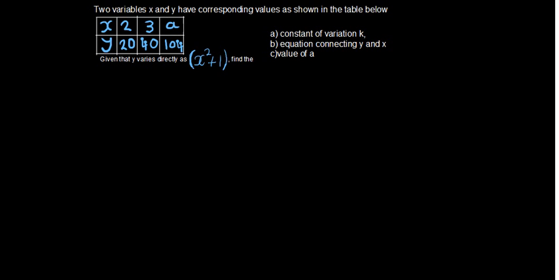So you say given that y varies directly as that one. So meaning what we are saying is this. Here we are doing our working.